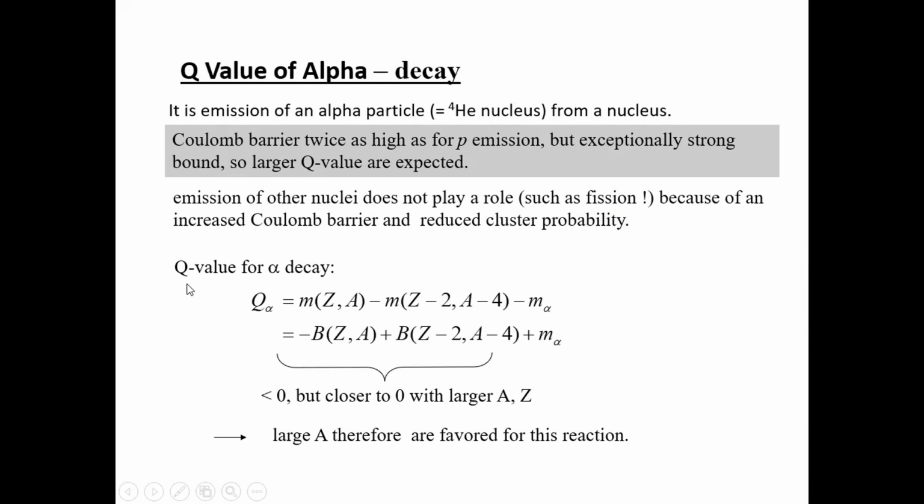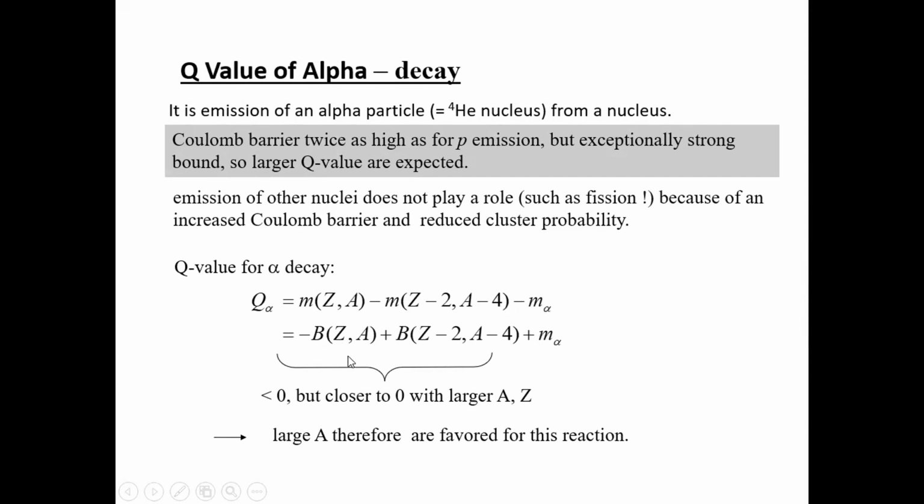So if we use energy balance, the Q value of the decay is given as the mass of the original parent minus the mass of the daughter, with Z reduced by 2 and A reduced by 4, minus the mass of the alpha particle.